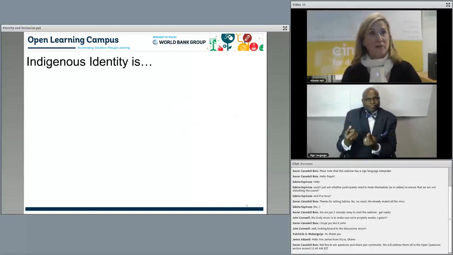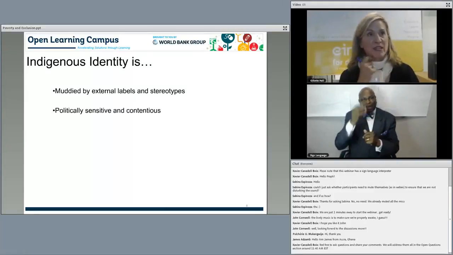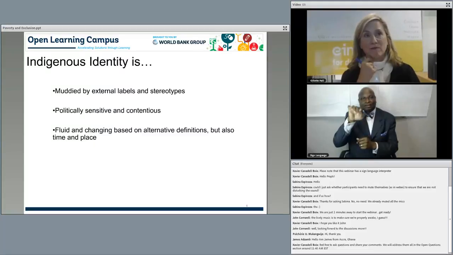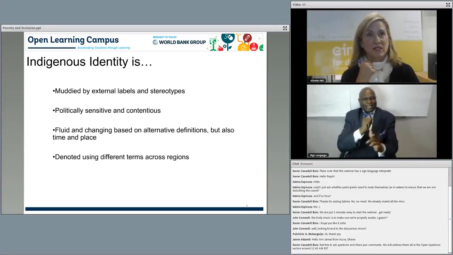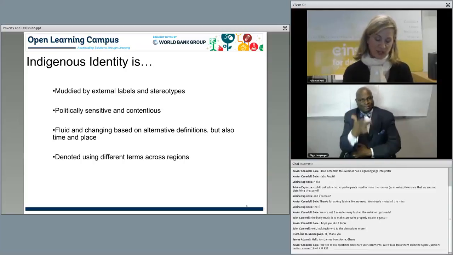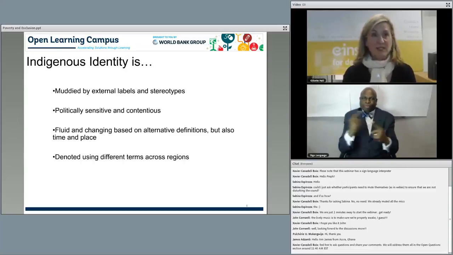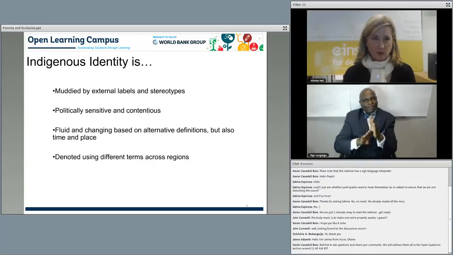And it's very complicated. So first of all, the concept of being Indigenous is, one could say, clouded by these external labels and stereotypes of what it means or what it doesn't mean to be Indigenous. But secondly, it's very politically sensitive and can be contentious. This is especially the case in Africa, where the work on Indigenous peoples, in my view, is the most underdeveloped and poorly carried out, including my own.